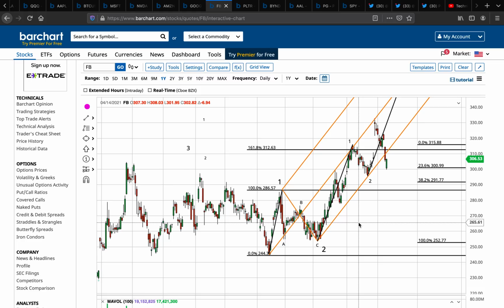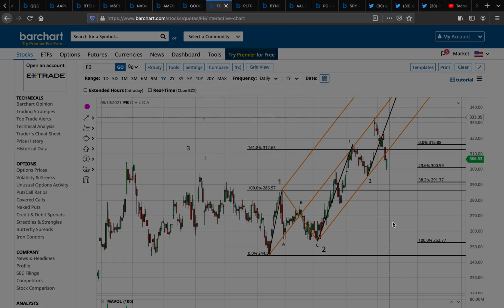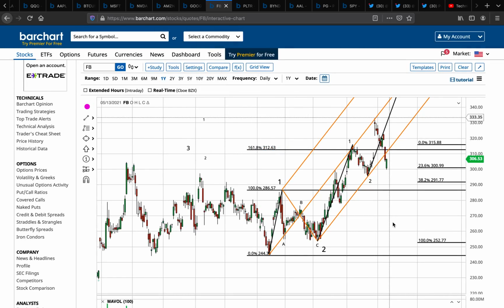I think in the next 6 to 8 weeks conservatively, Facebook, as long as 296 holds, will go the length of wave 1 placed at the wave 2 low, taking it to 357. So Facebook to 357. Bears, get Facebook below 296. Get Facebook below 296, get SPY below 403.